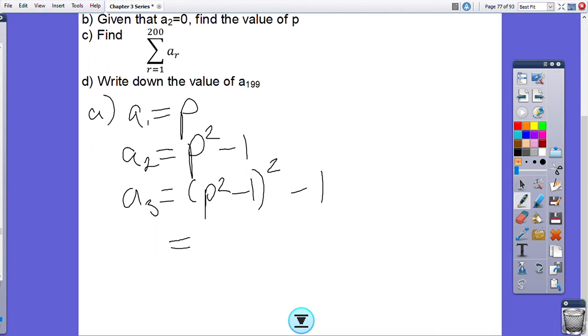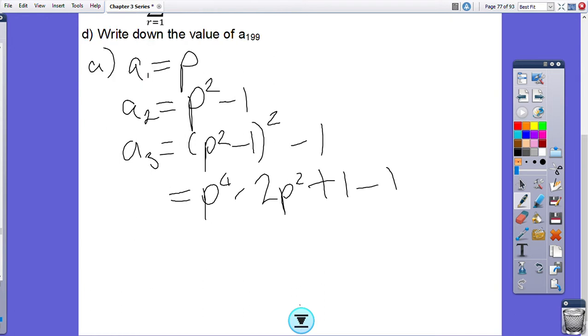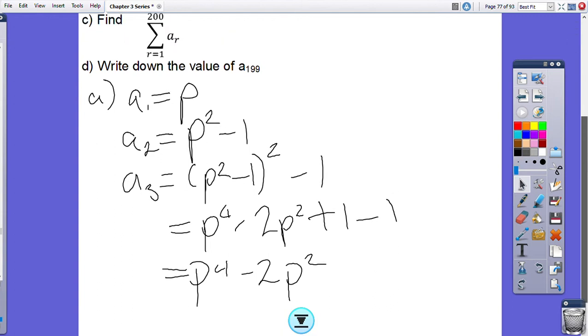So if I square out p squared minus 1, I'm going to get p to the 4 minus 2p squared plus 1, and then we've got this take away 1 here, so we'll put that back in, and of course the plus 1 and the minus 1 cancel out, and we have p to the 4 minus 2p squared, and we've got what we were looking for.